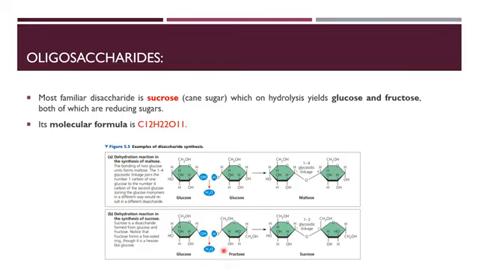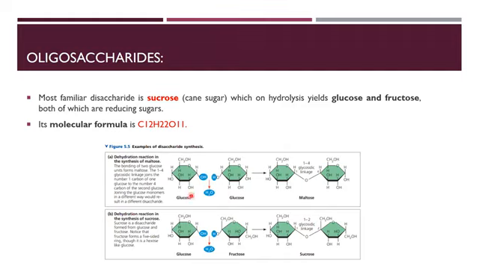The carbon number 1 of this glucose and the carbon number 2 of this fructose react with each other, releasing a water molecule and forming the glycosidic linkage known as 1,2 glycosidic linkage. So this is known as sucrose.